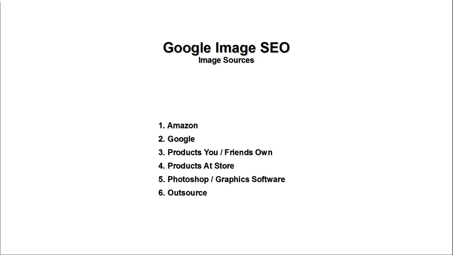So with that said, if you're getting an image that already exists out there on the internet and is definitely going to be indexed by Google, the best results that you can possibly get from it would be by modifying that image in some way. And this is something I'll talk about in a little more detail here when I get down to Photoshop and graphics software.